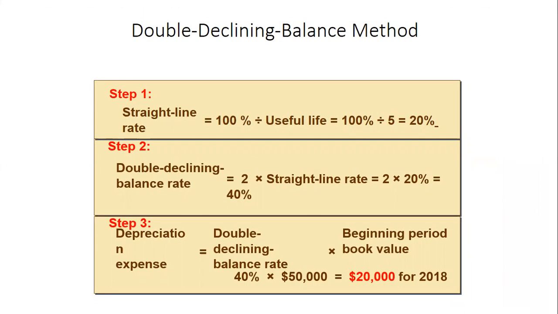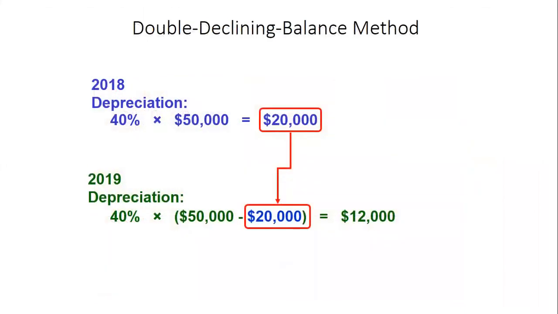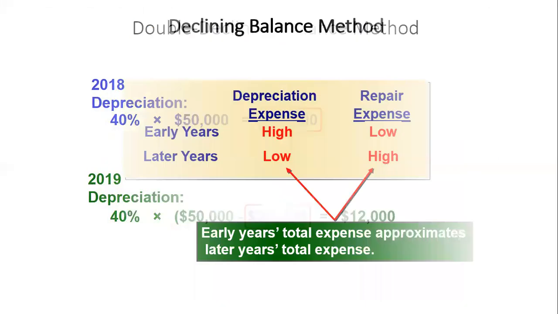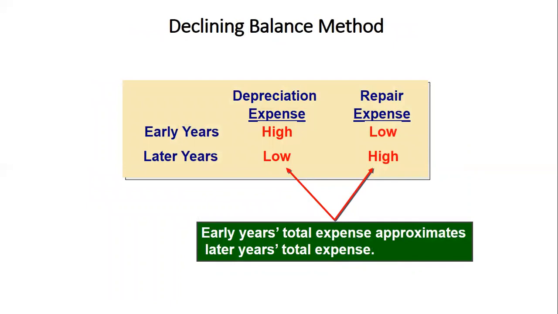Okay, so in the example, 50,000, you have the 40% rate. So then 20,000 for 2018. Okay, so in the 2018 depreciation, you have 20,000. In 2019, you have 12,000.